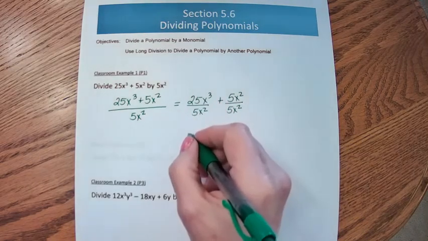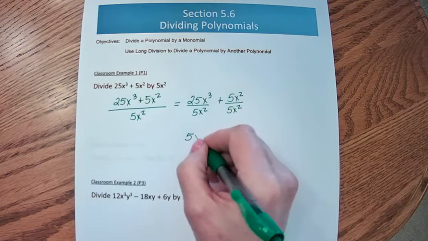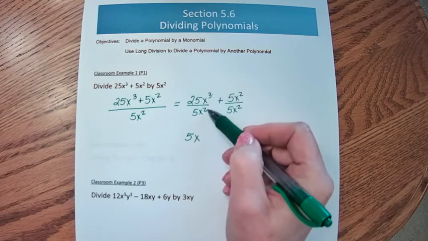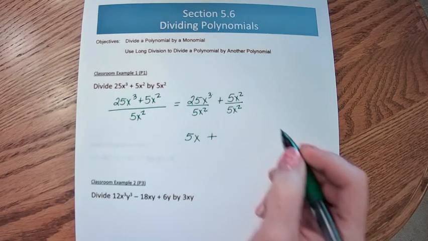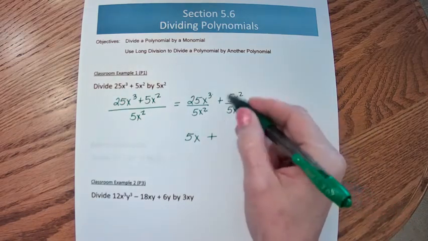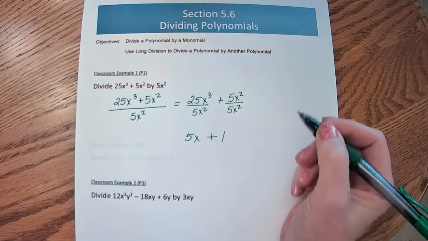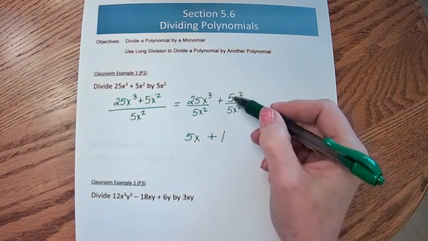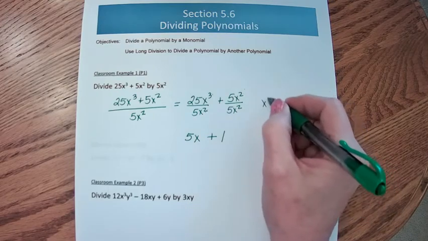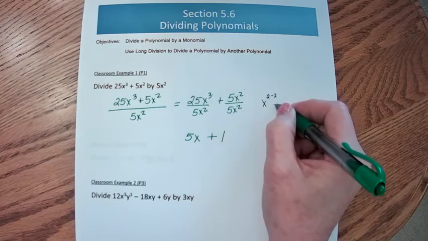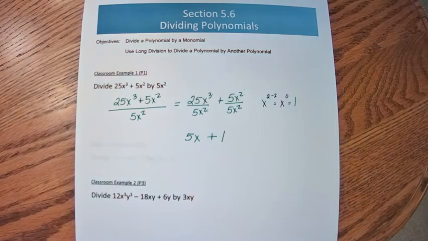All right, so 25 divided by 5 is 5. And x to the third divided by x squared is just x, right? Because 3 minus 2 is 1. Bring down your plus. And any expression over itself is always 1. But if you wanted to do it the long way, 5 divided by 5 is 1, and x squared divided by x squared, that would become 2 minus 2, which is x to the 0, and anything to the 0 power is 1.